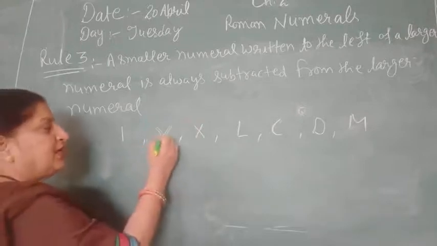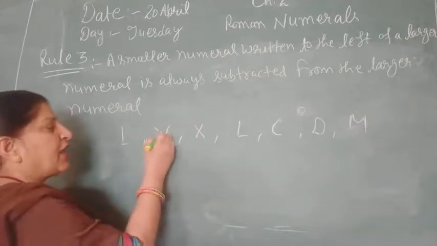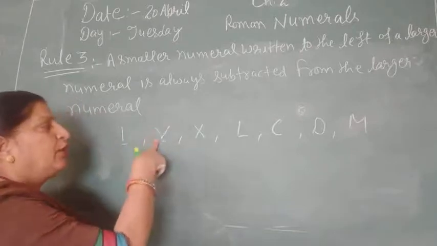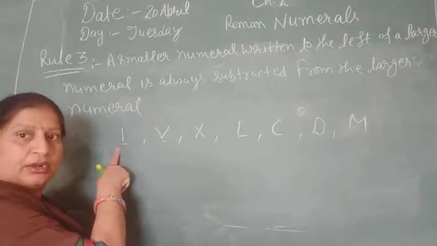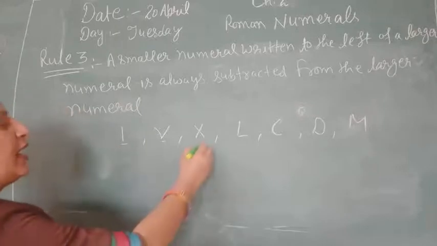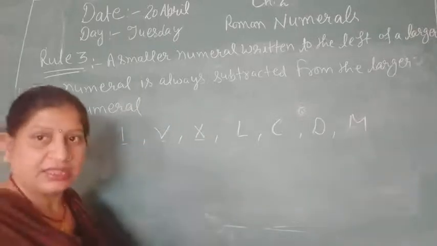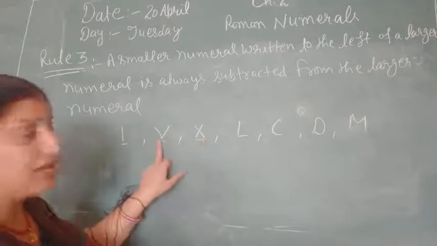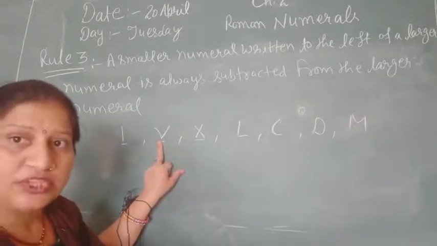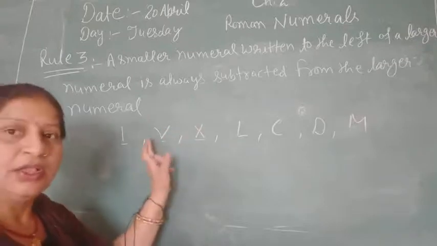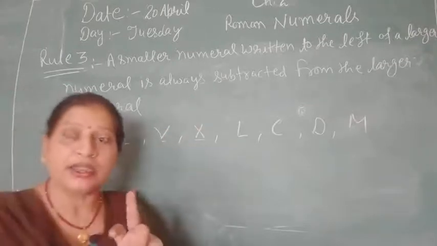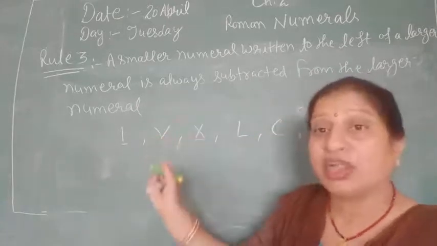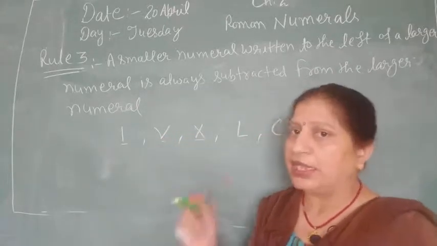Now we see that after I we have the number V. V is bigger, so from V we subtract 1. Clear? After that, the next number is X. Nearby X, the number is V. So according to this rule, we would subtract V from X. But we know that V is not subtracted from any number.